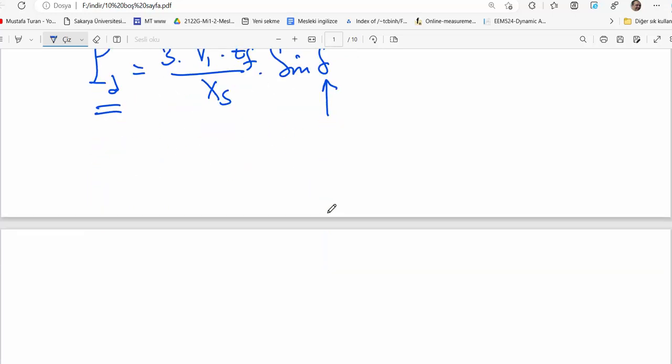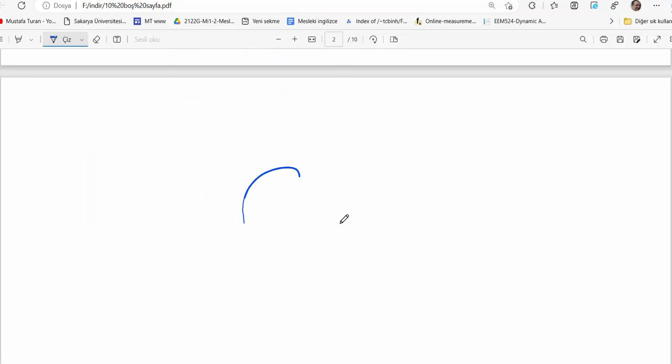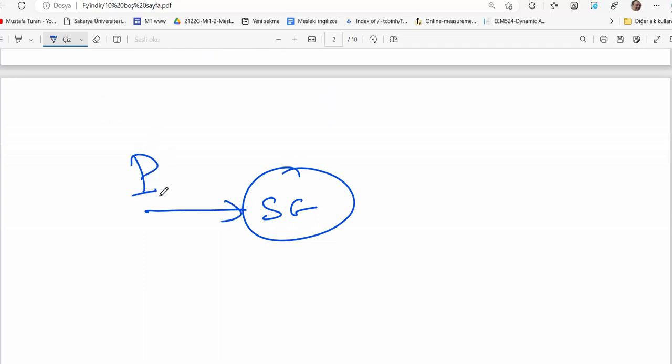In the question, here's a synchronous generator. We apply some mechanical input power, and then that mechanical power will be converted into electric power inside the generator, and after some losses possibly, here is the electrical output.